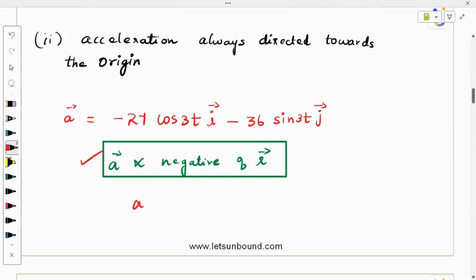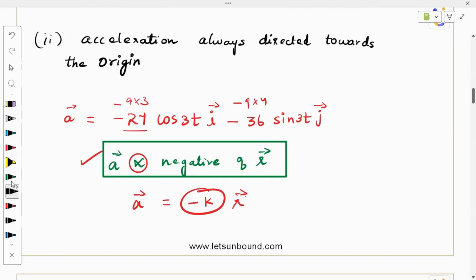So try to express it in proportion. So a vector equals some negative value, negative k times r vector. This is what I need to prove. Let's take the common thing outside. Here I can take a negative and a 9. We can express it like this, negative 9 times 4.